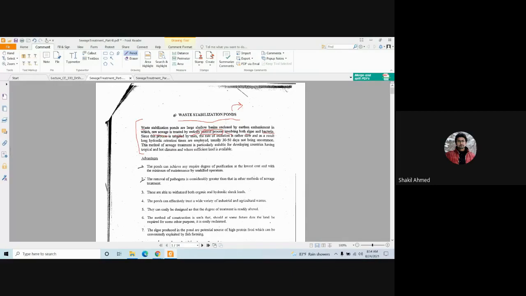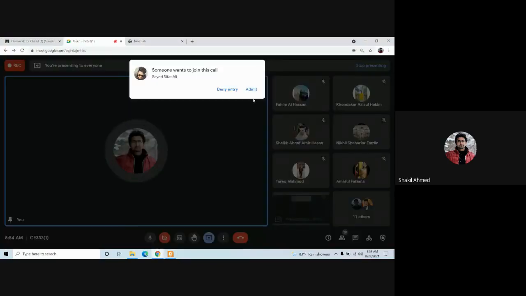Since this process is unaided by man, the rate of oxidation is rather slow because bacteria take time to grow and oxidize the organic matter.